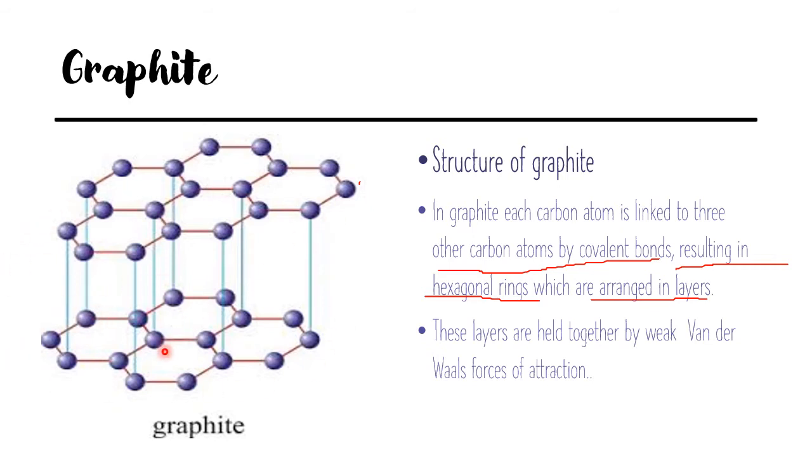These two layers of graphite are held together by a very weak force, and this very weak force is known as van der Waals forces of attraction. Now because of this weak force, graphite is soft and slippery. Is it clear, children? Because of this weak force, graphite is soft and slippery.